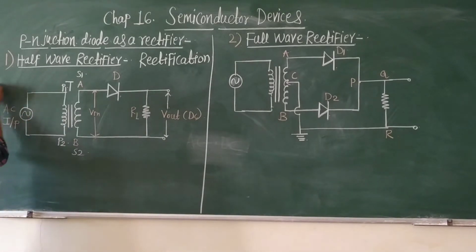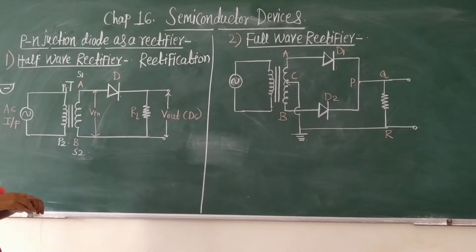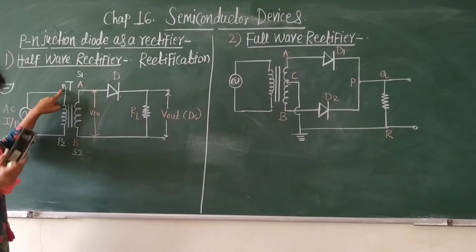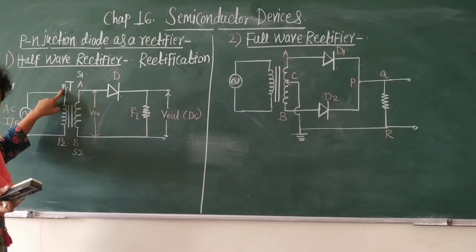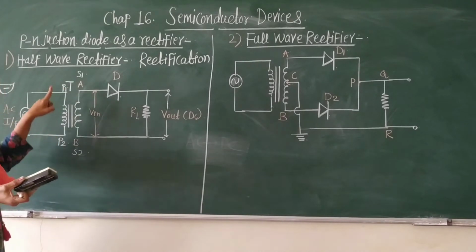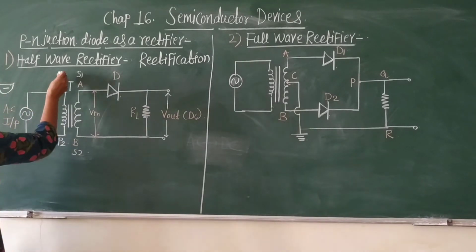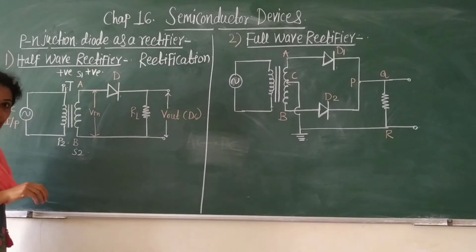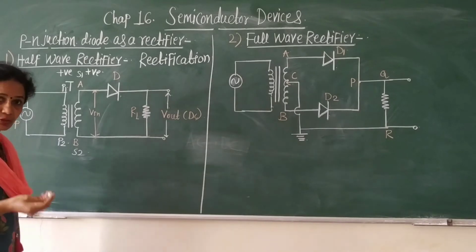Then what is the working? You know this is the AC input, this is the positive half cycle, this is the negative half cycle. First, during the positive half cycle, P1 becomes positive with respect to P2. As P1 is positive potential, S1 is positive potential with respect to S2.